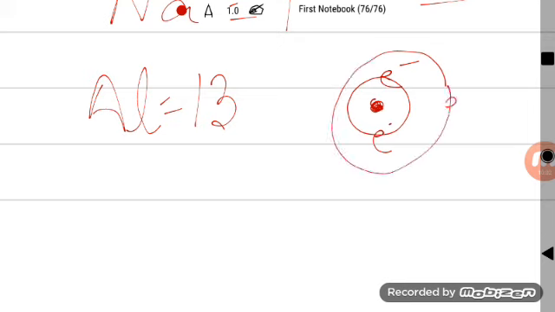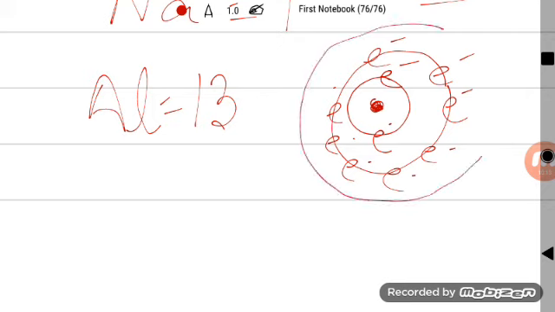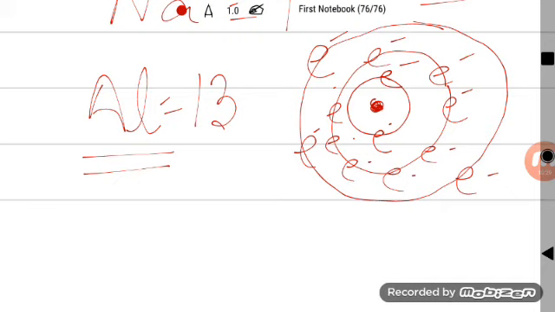In the second shell, maximum 8 can come, 3, 4, 5, 6, 7 and 8. Now 2 plus 8 is 10. Then in the third shell, how many electrons can come now? Only 3 will come. Since you know, students, that aluminium is a metal, and valence means outermost shell, how many electrons did I fill over there? It is 3. So the valency for aluminium will be 3.